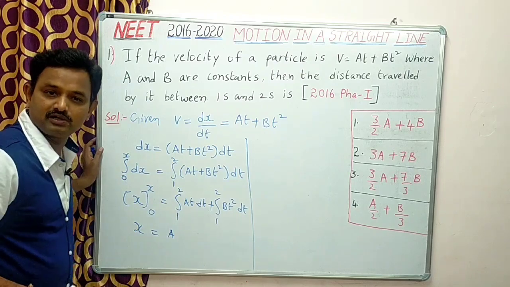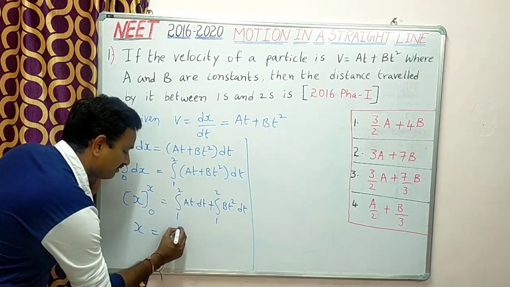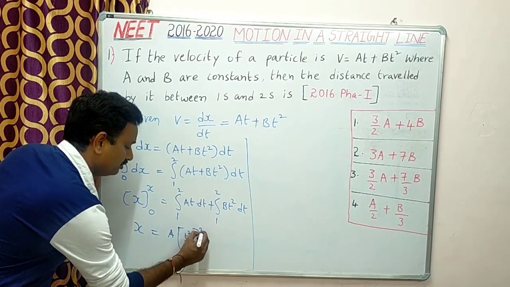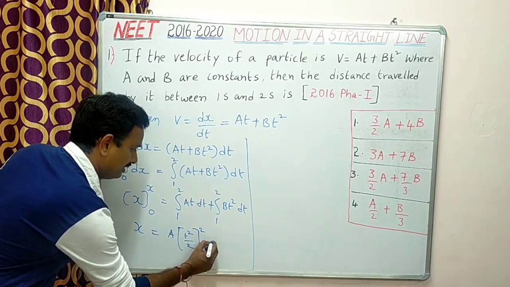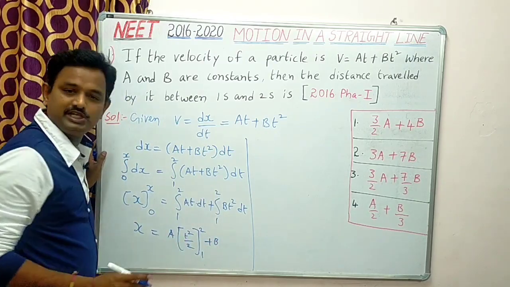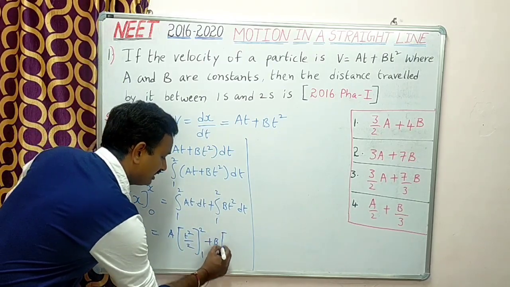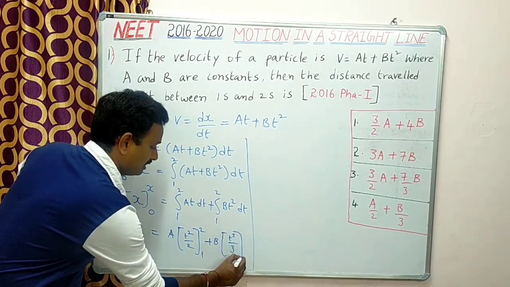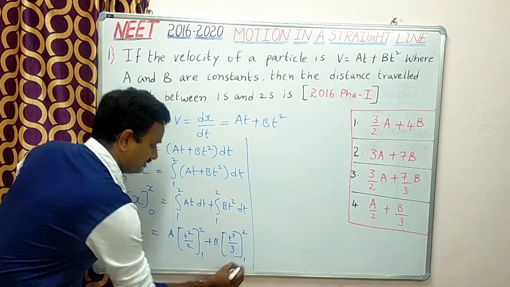So integration of t, that is t square by 2, upper limit 2, lower limit 1. Plus I will write b outside, integration of t square, that is t cube by 3, upper limit 2, lower limit 1.